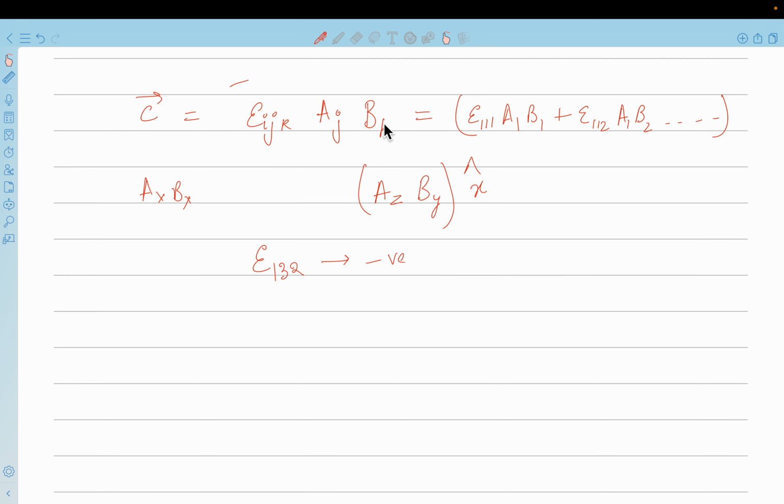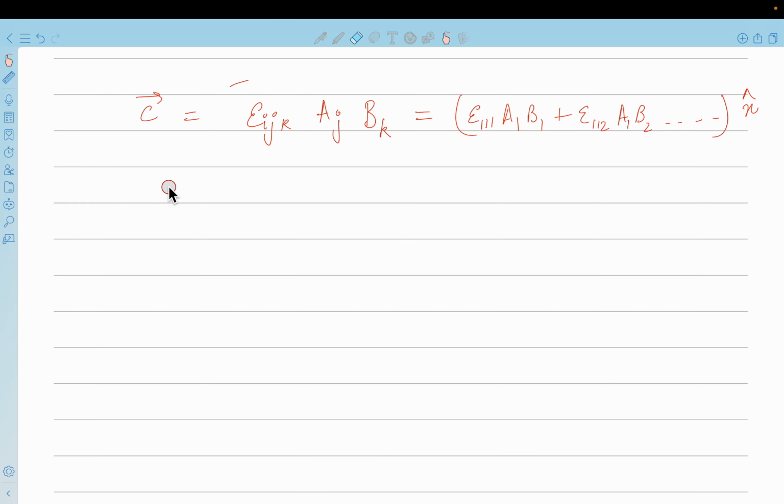By Einstein's rule, a repeated index j and j leads to a scalar, k and k leads to a scalar, but i remains, so that leads to a vector, and this i is what is going to determine the component. So for the first, i is x cap.